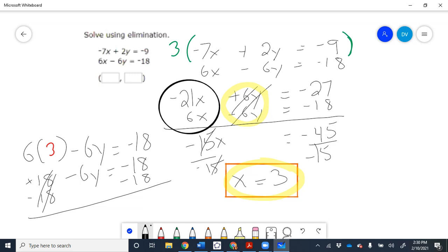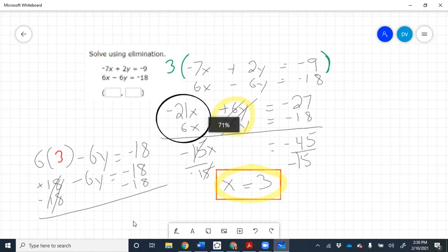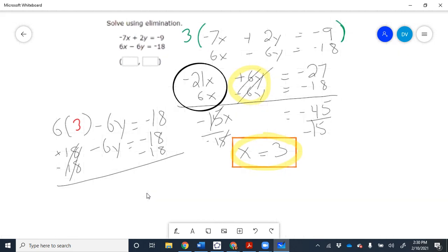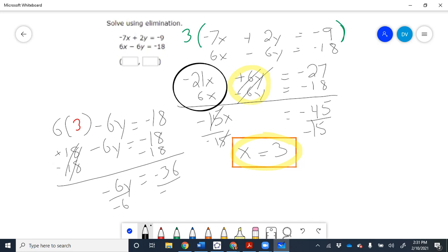I think we're good. I just need a little more room here. So what we're left with is -6y, and -18 and -18 is -36. So don't we want to now divide by -6?